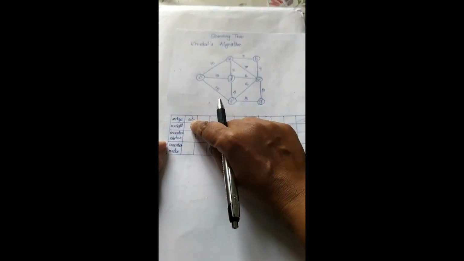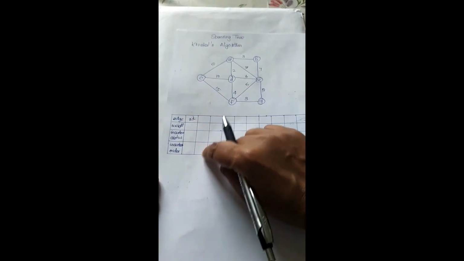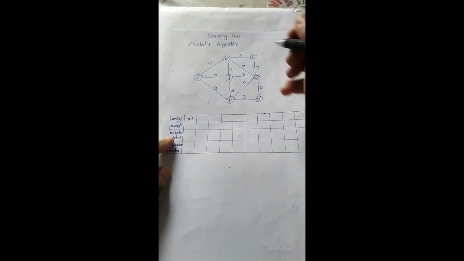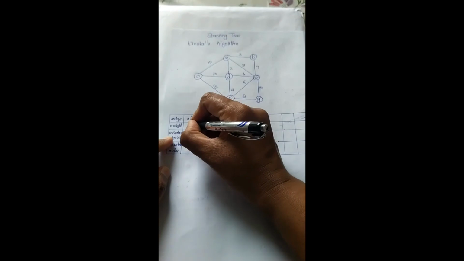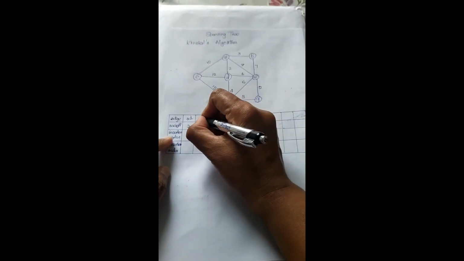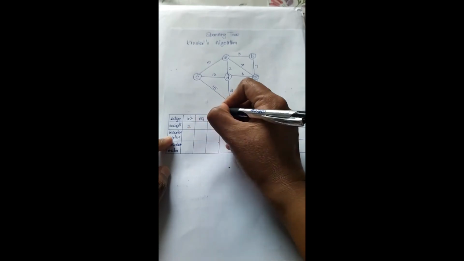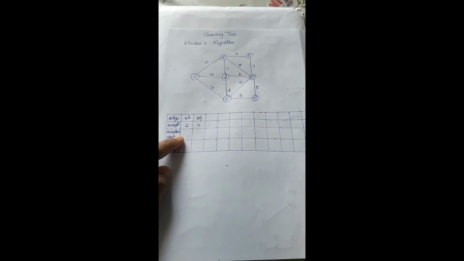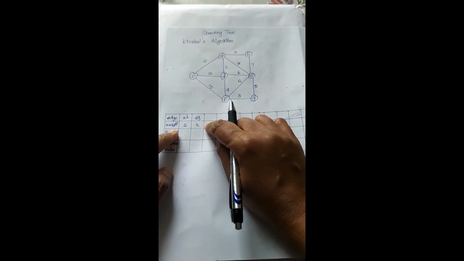So I'm writing the edges in alphabetical order and selecting the edges also in alphabetical order. So AD, the weight is 2, and then EG, in alphabetical order, not GE. EG is also 2. This is how we fill the edges.